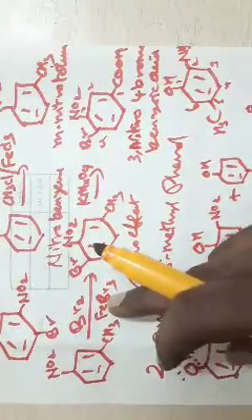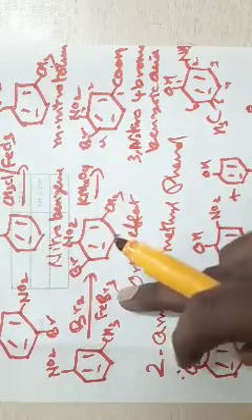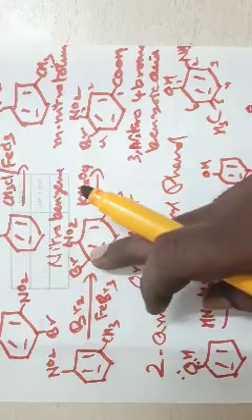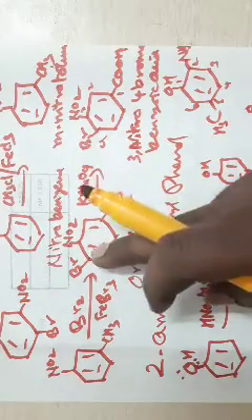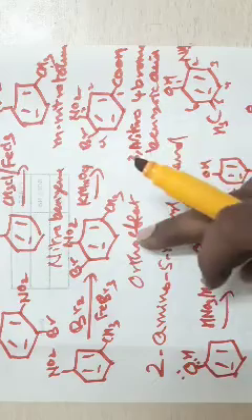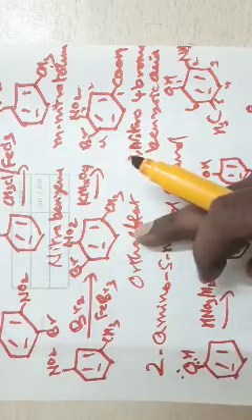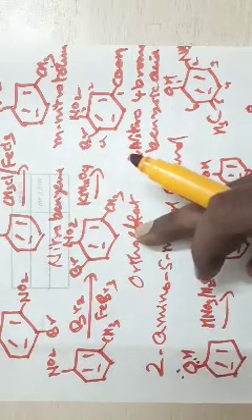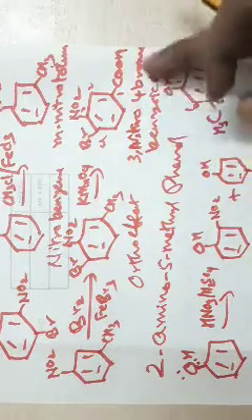If meta-nitrotoluene is halogenated, you get the brominated compound due to the ortho effect. If it is oxidized, you will get 3-nitro-4-bromobenzoic acid.